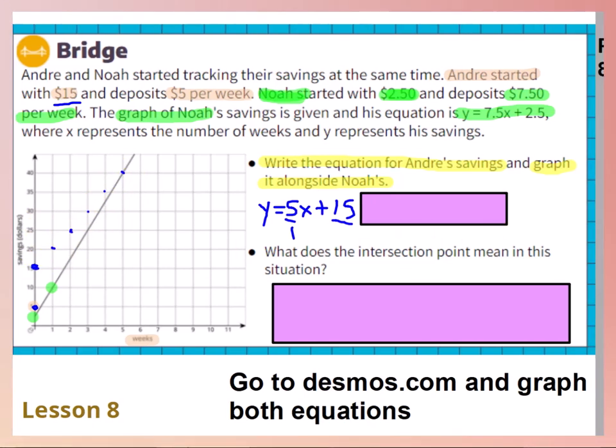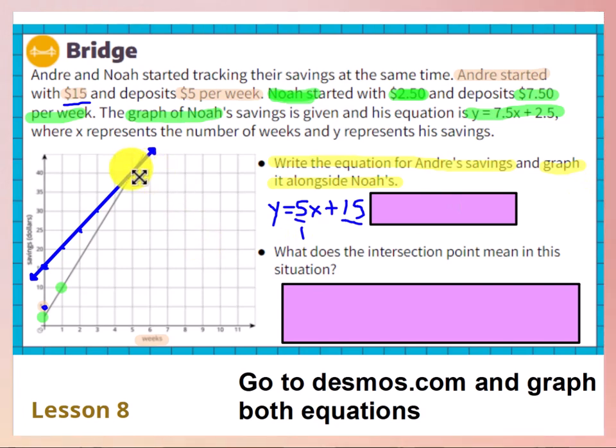I'm going to connect the dots with a line, and you can see that they intersect right there. They intersect at point 5, 40.